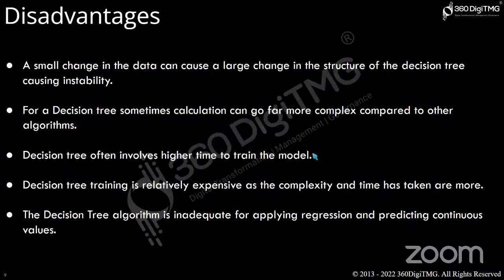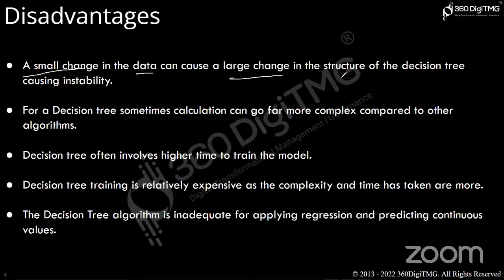Now, what are the disadvantages of this decision tree? A decision tree has a disadvantage: if a small change in data happens, there is a large change in the structure of the decision tree.